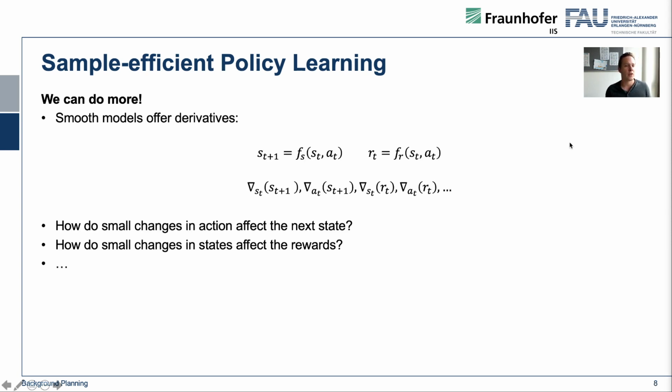We can do more, because we can assume to have smooth models, and smooth models also offer derivatives. For instance, we have a transition model f_s, which could be a neural network and could be differentiable. It is a function that returns s_{t+1} given s_t and a_t.